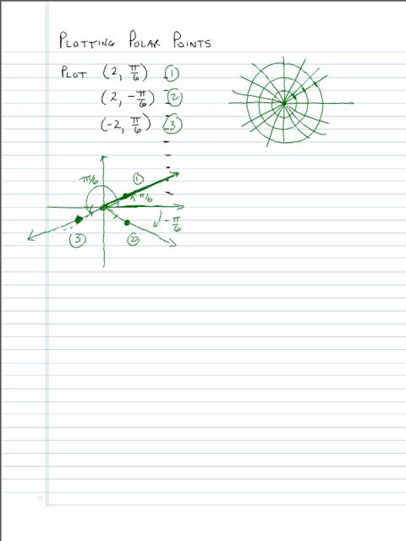And then we could say, let's go in a positive 2 direction. So the point 2 comma 7 pi over 6 puts us in exactly the same position as negative 2 comma positive pi over 6. Those two notations put us in the same location, and that's the point 3 that we've already got labeled there.